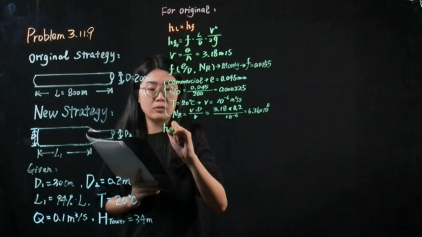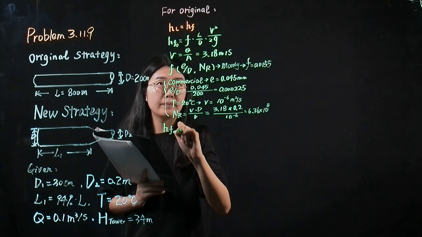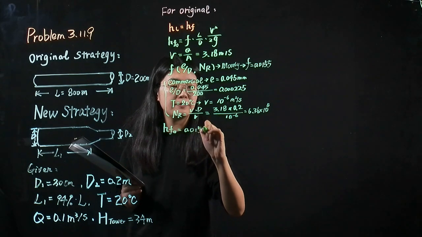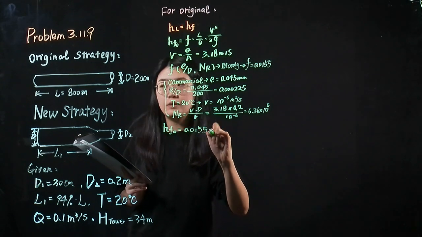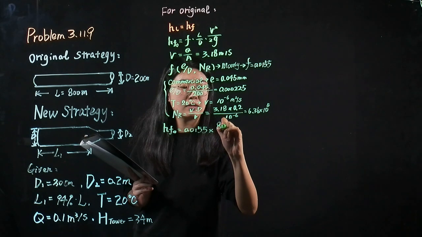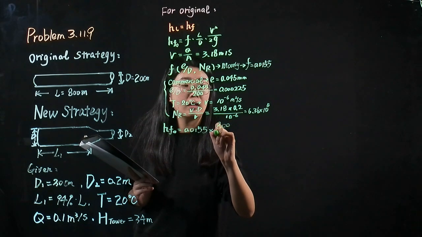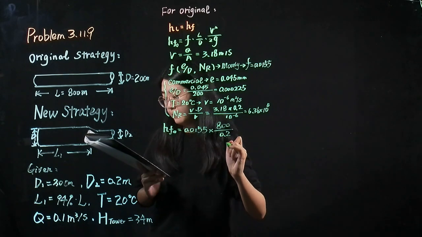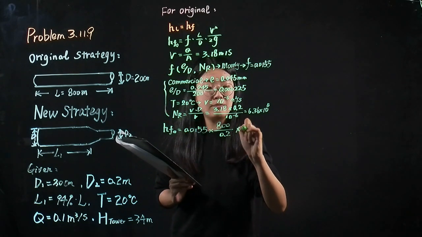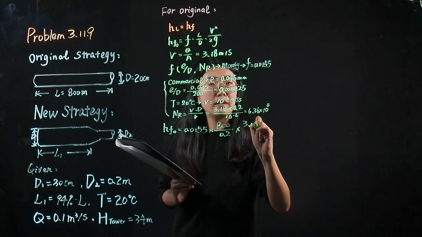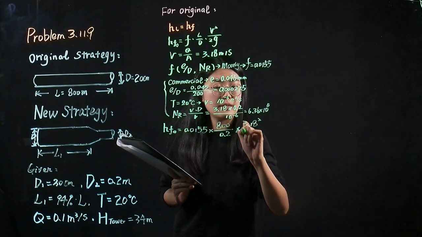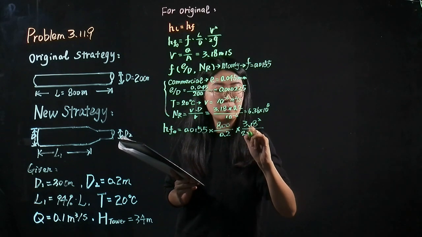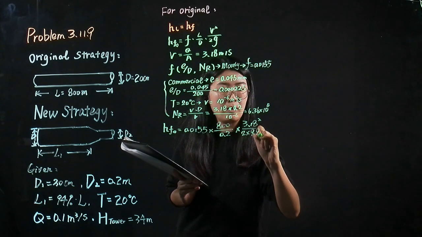It is equal to 0.0155 times L, which is 800 meter long, and diameter is 0.2 meter, and times the velocity 3.18 meter per second squared, over 2 times 9.81.